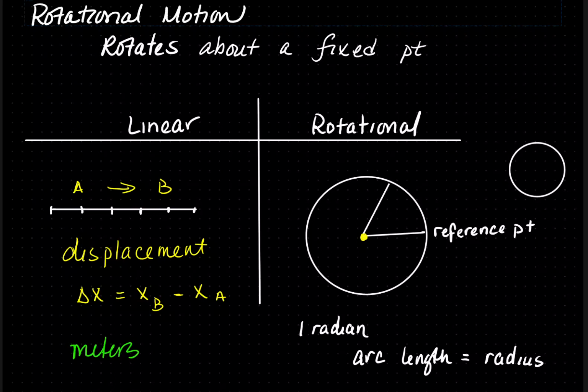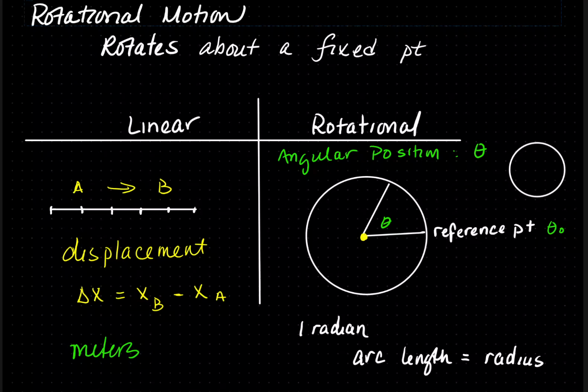Similar to displacement in linear motion, in rotational motion, we call it angular position. This angular position is theta. Theta is from one point to another point along the circle. So for example, we could select a reference point and label that theta naught, my initial theta.